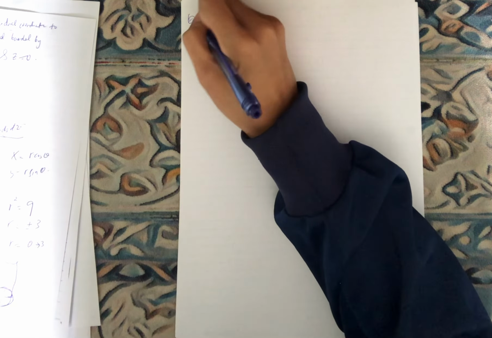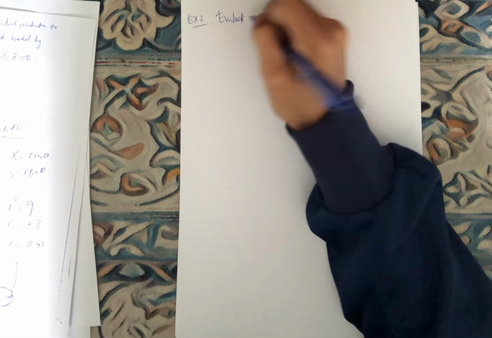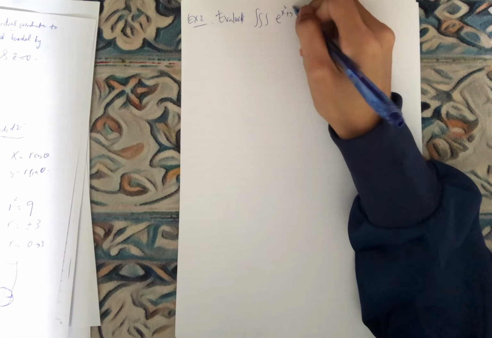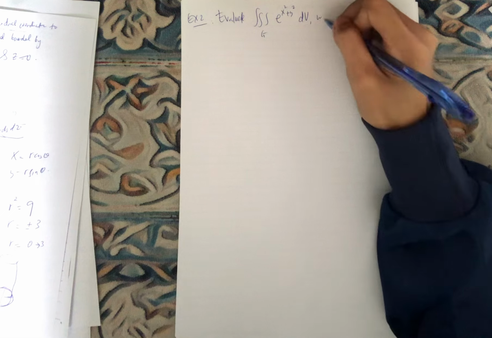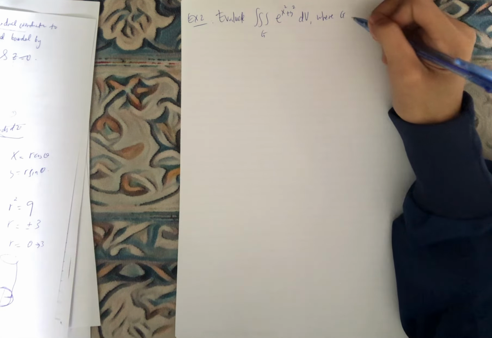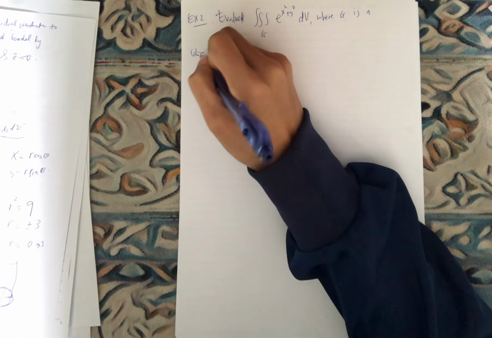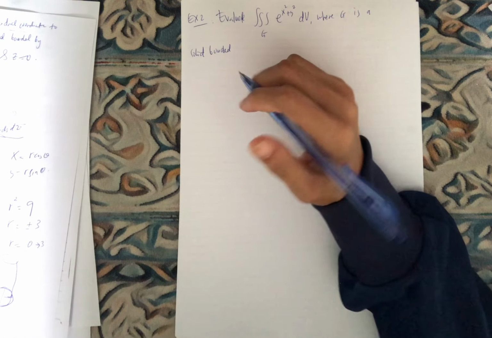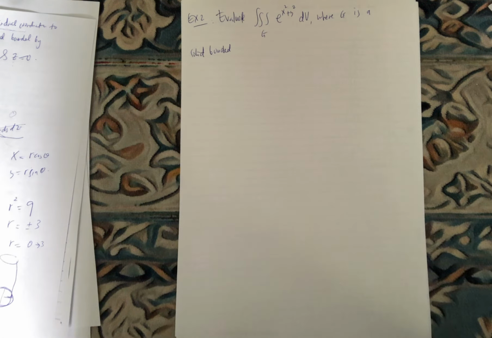Example 2. So we will evaluate the integral of x square plus y square dv, where G is the solid bounded by, okay, actually basically the sentence will be similar almost every time. So you just abstract the important information here.